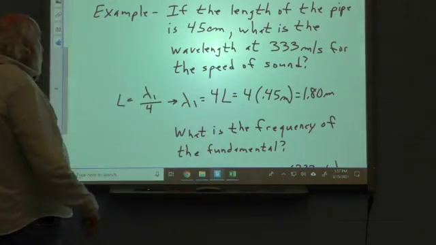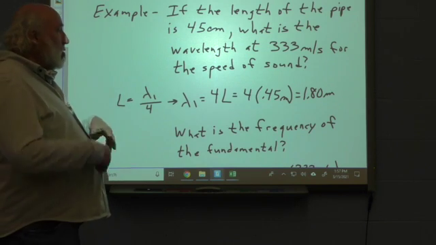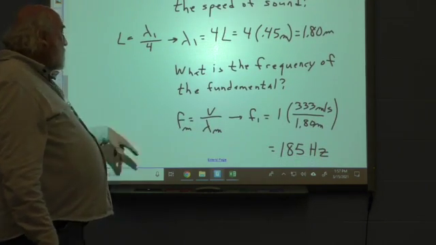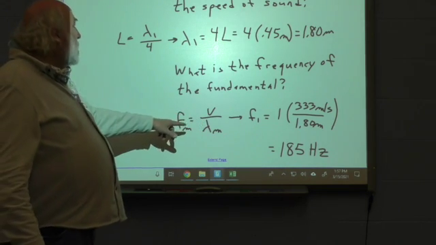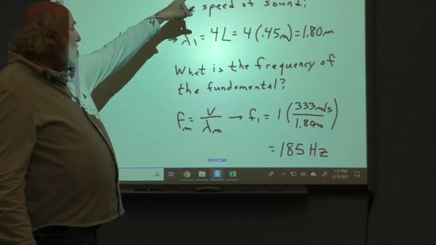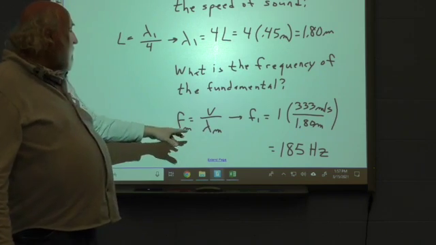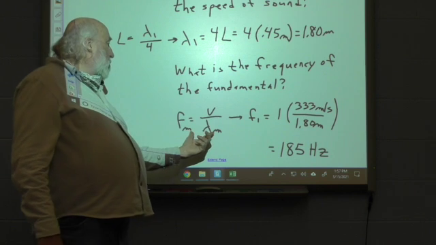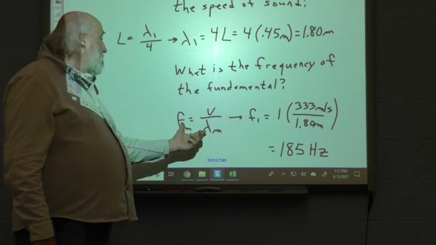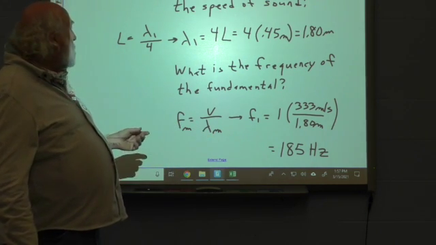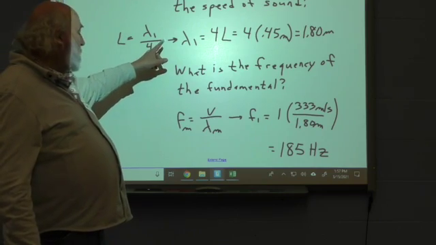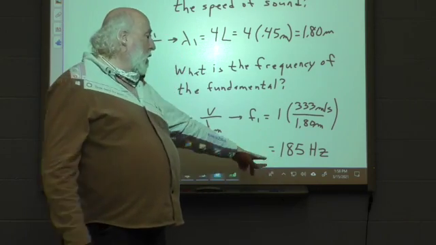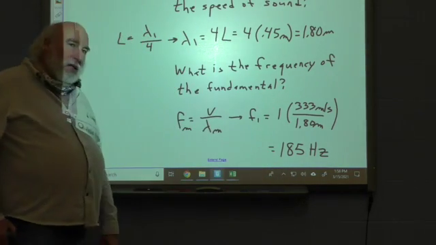Now, related to that, what is the frequency of the fundamental under these conditions? In which case, you're going to take the velocity, which is 333 meters per second, divided by the fundamental wavelength we calculated, 1.80 meters, multiply by 1, and you get 185 hertz. So that is the tone.